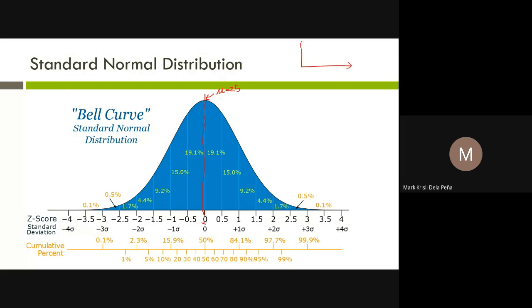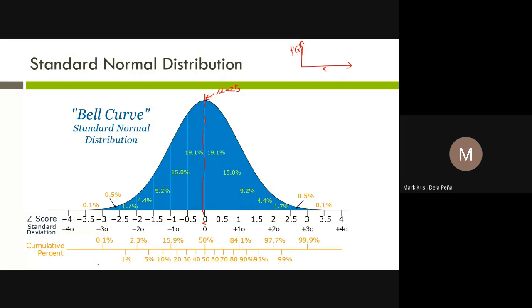If you recall, in the Cartesian plane that we use, the horizontal axis will be our x, and the vertical axis will be our f of x. In the standard normal distribution, our reference will be this middle here, our mean, and that will be our 0. To the left of the mean would be negative values. To the right of the mean would be our positive values.